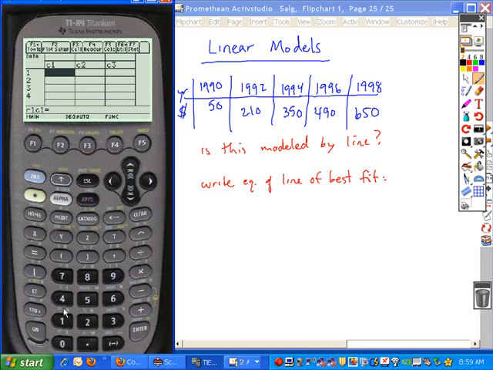what you have. So here in the first cell, 1990, put all your years. And then in the Y column, put your values.